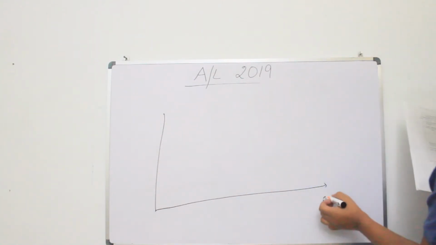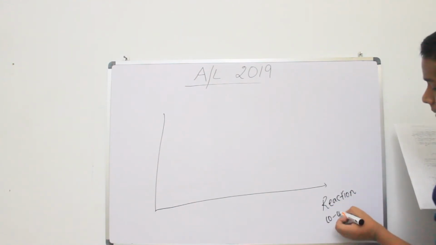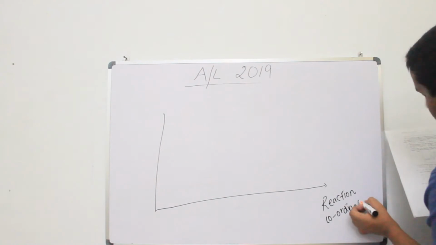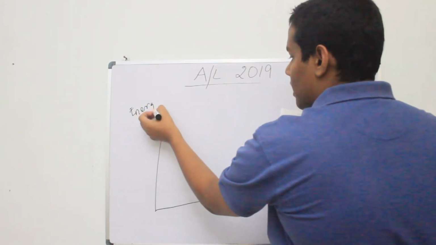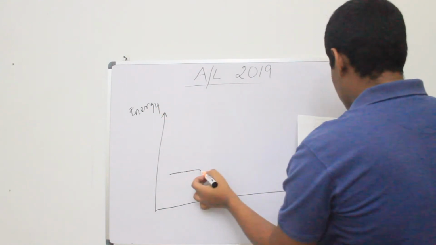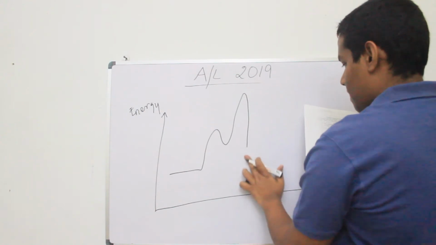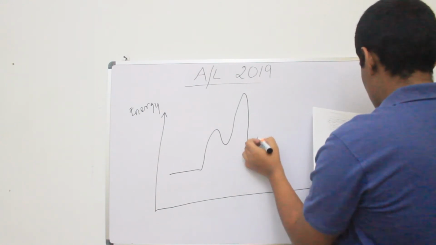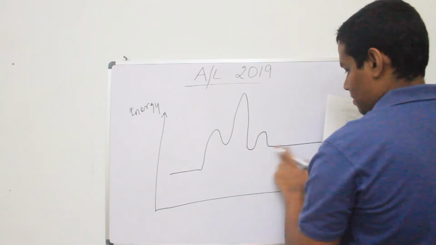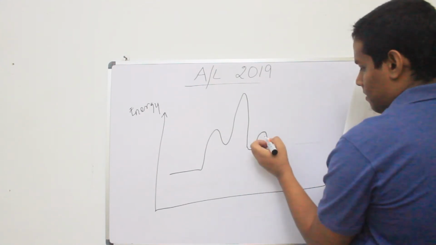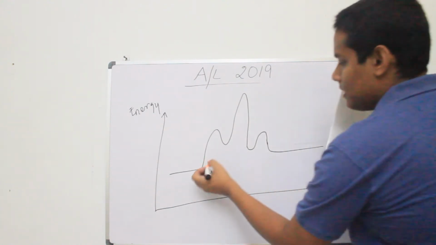This is the reaction coordinate. This is the energy, or specifically speaking the potential energy. Then this is E1.